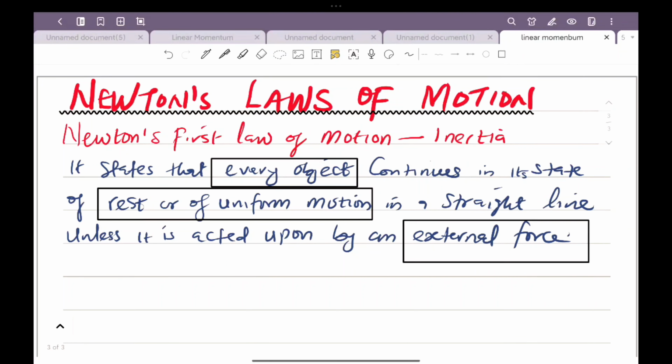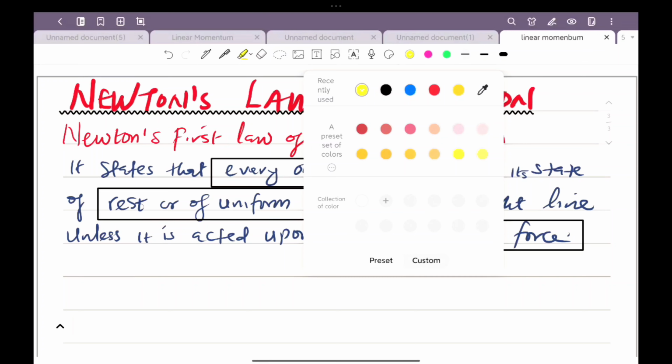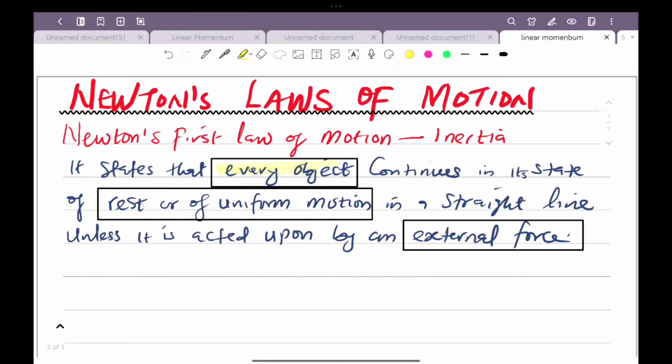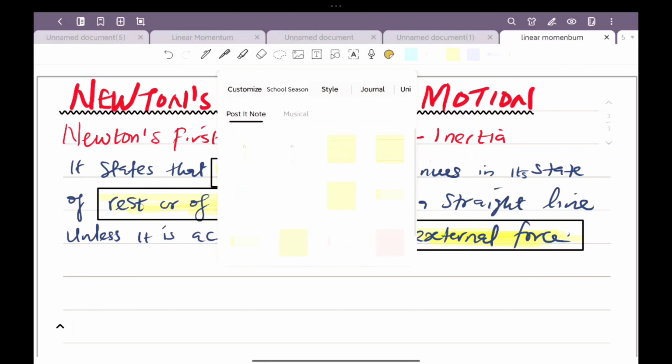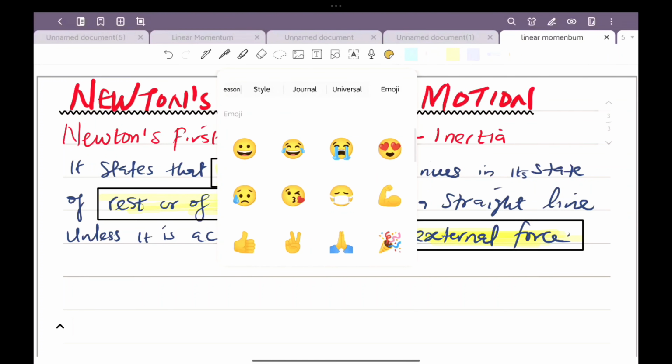If you observe the triune components: every object, the state of motion, and the force applied. I hope this is clear to you. Please take note of this. Object of mass, very important. Number one, triune component; the state of motion, either rest or uniform motion; and then external force, the third triune component of Newton's first law of motion.